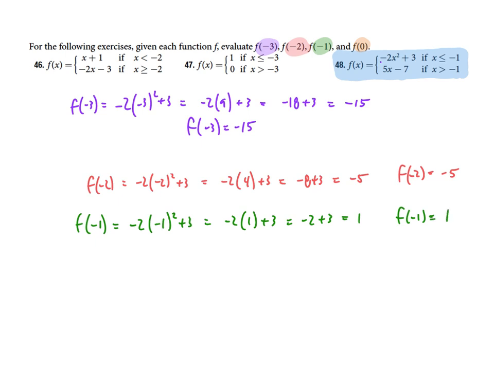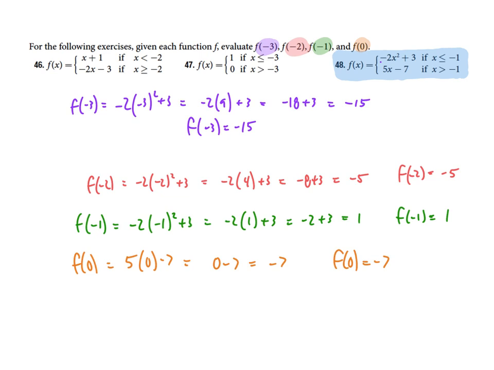And the last one, f of 0. 0 is greater than negative 1, so it's going to go into the bottom part of the function. So f of 0 equals 5 times 0 minus 7, which is 0 minus 7, which is negative 7. So f of 0 equals negative 7.